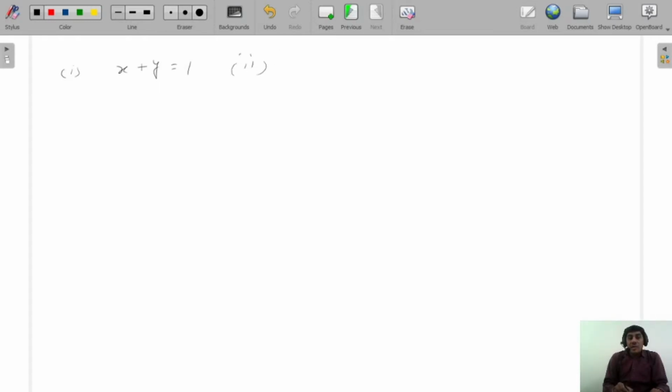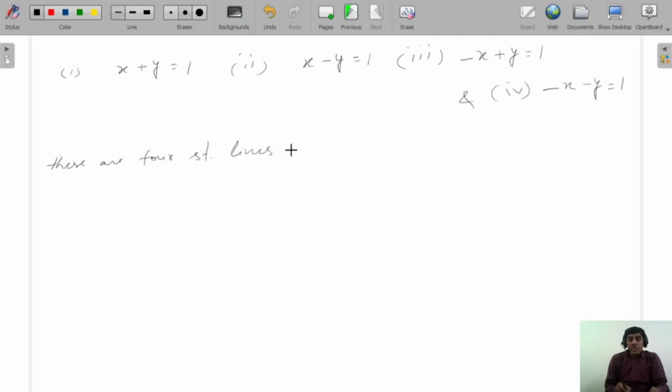Second, x minus y is equal to 1. Third, minus x plus y is equal to 1. And fourth, minus x minus y is equal to 1. These are 4 straight lines. We draw these lines graphically.